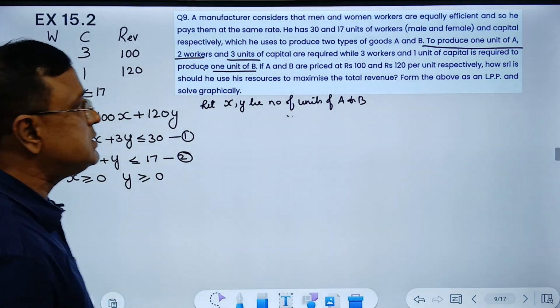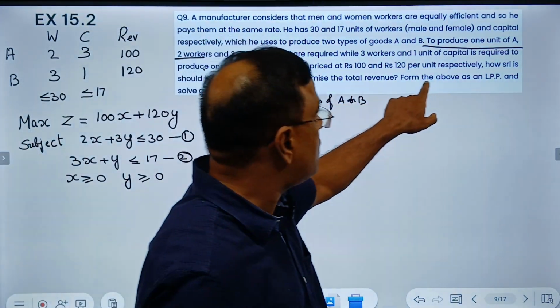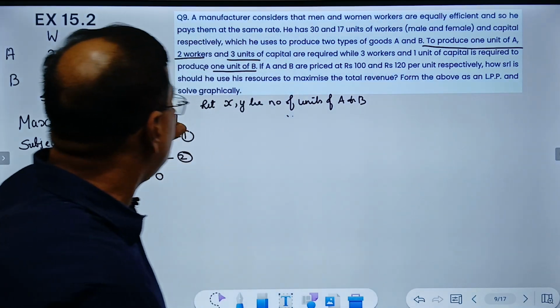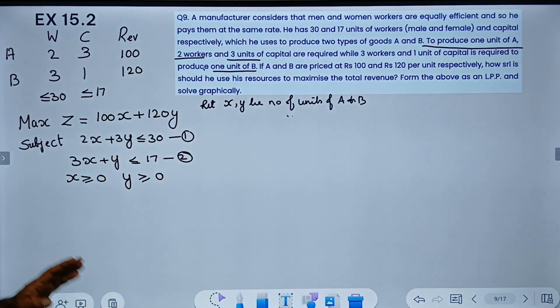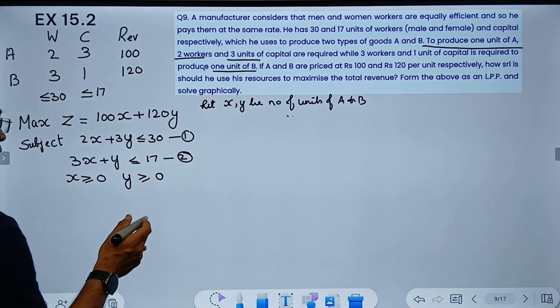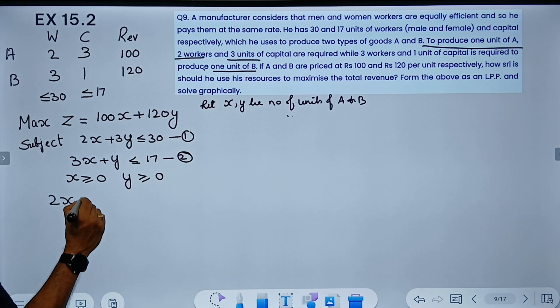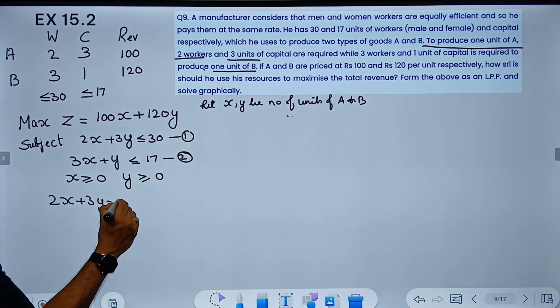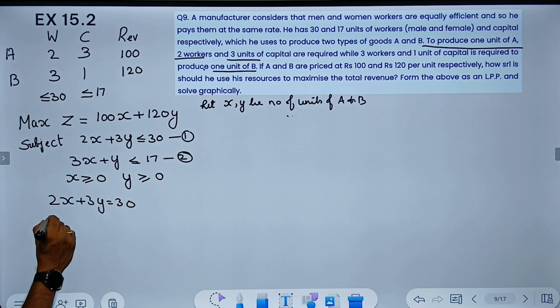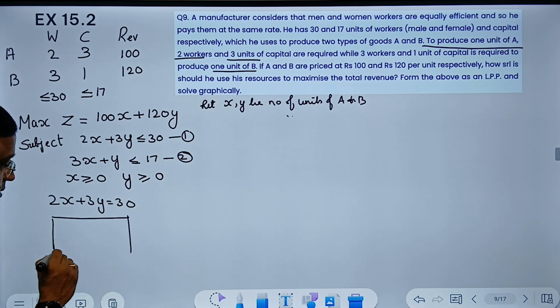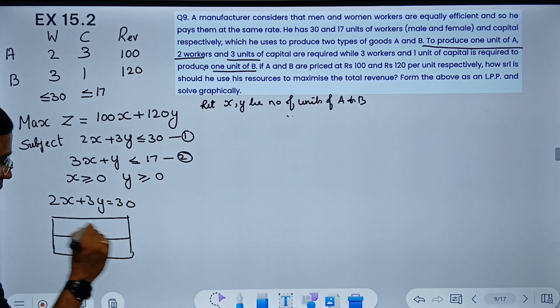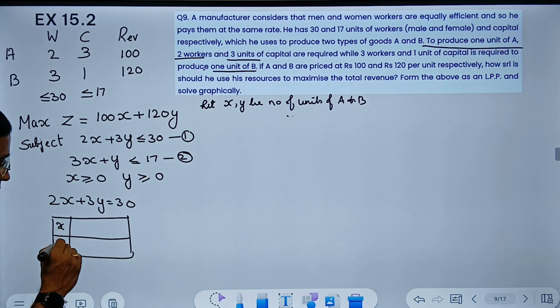Now he has not only said formulate the LPP, he has also told me to solve it graphically. Since he has said to solve it graphically, let's do the usual thing. I will take 2x plus 3y equal to 30, and I will draw the x-axis and y-axis, and before that I will do the calculations.